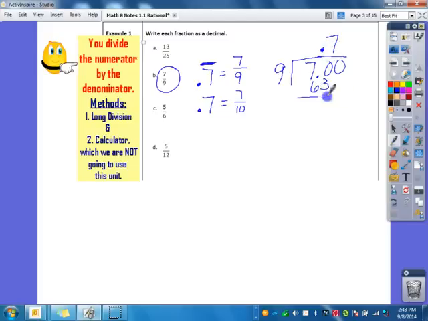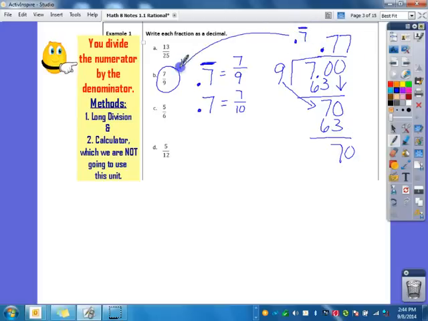You subtract, you get 7. Bring down a 0. Again, 9 goes into 70 7 times without going over again. 63. What happens here? We just end up repeating. So what is our answer? 0.7 repeating. Just like we said, right here and right here.